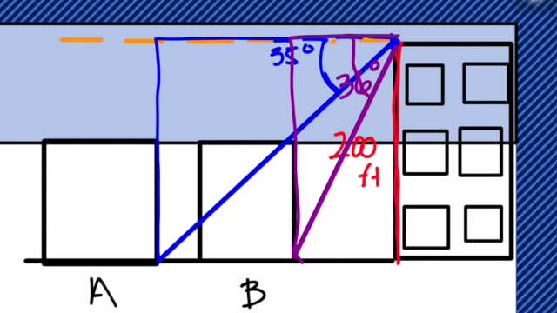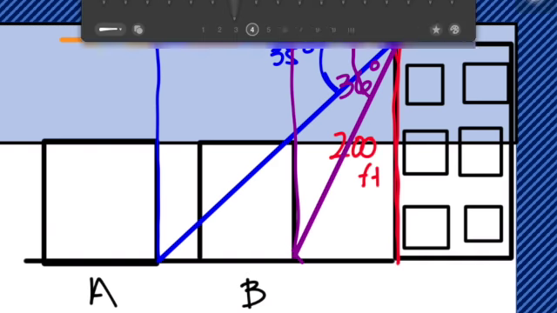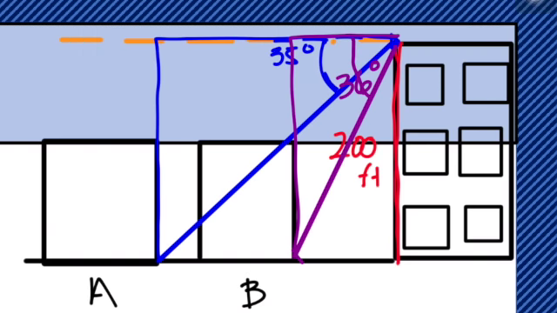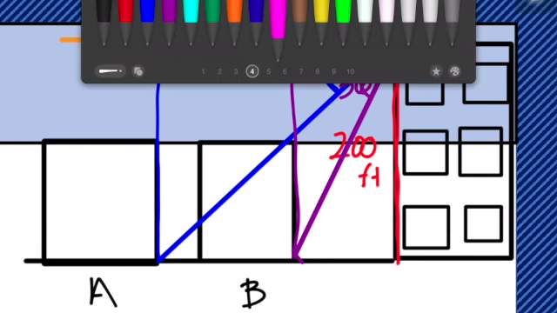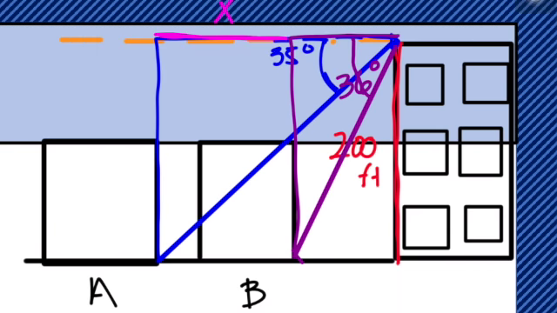So we've got this piece right here. Let's call this piece right in between the two buildings piece X, right? And then this piece right here, from here to here, we're going to call that piece Y.